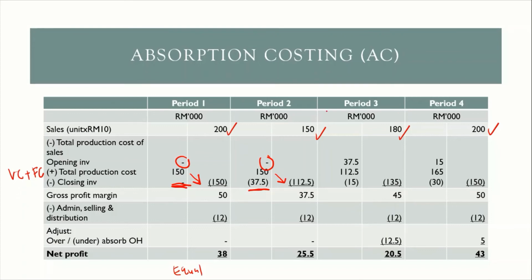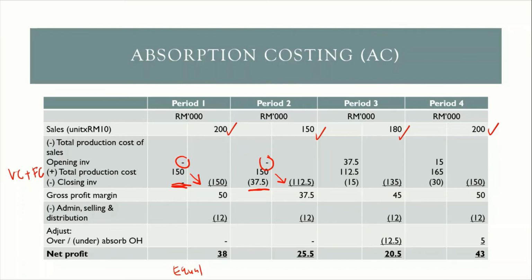Okay, so with the closing unit, you deduct and gain the amount 135,000. With the sales revenue, deduct the production cost, you will gain 45 for the profit margin, the gross profit margin. After that, you deduct the admin and selling contribution, which is 12,000.